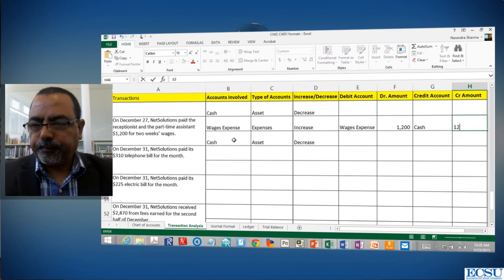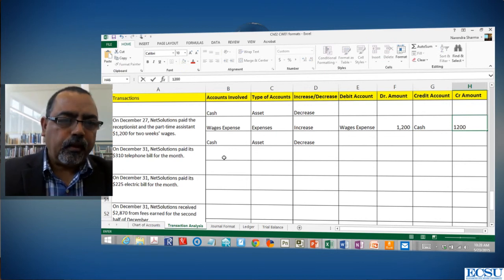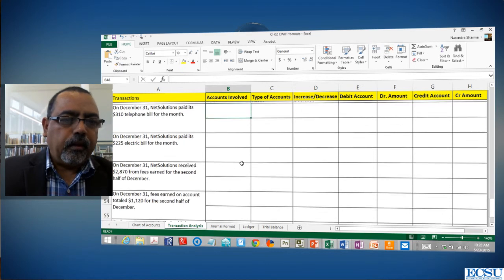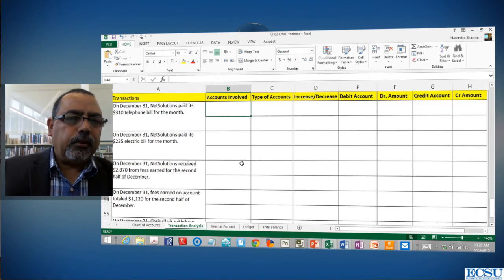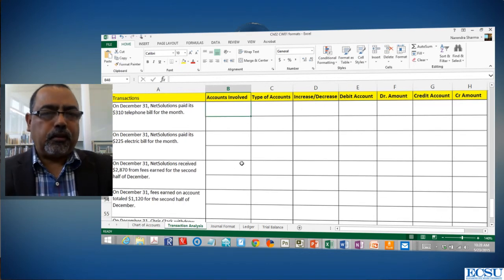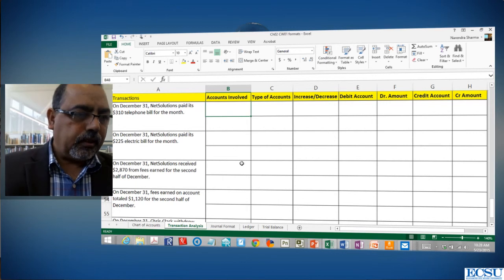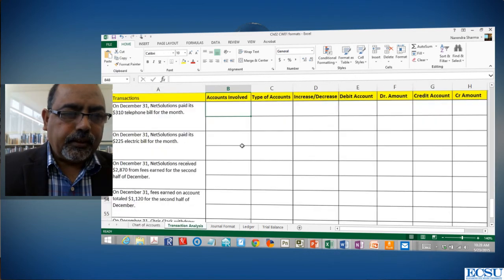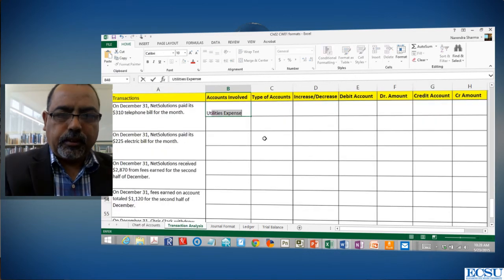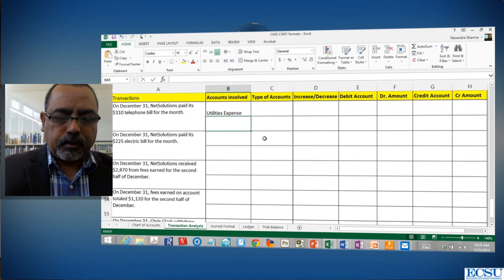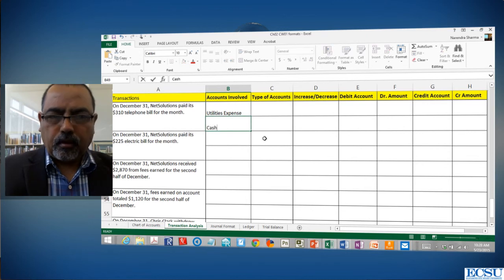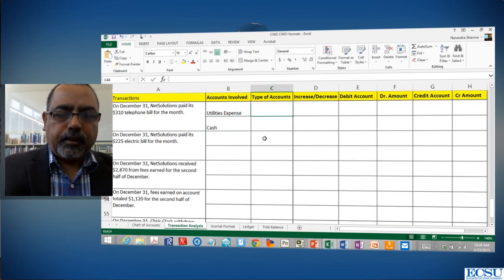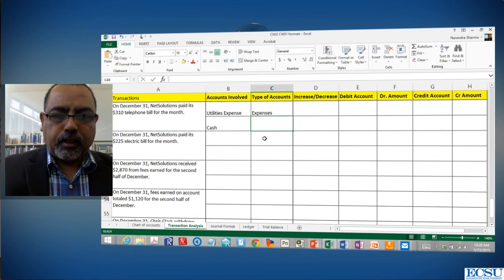1,200. Okay. Now the next one is Net Solutions paid its telephone bill for the month. So the telephone bill would be considered a utility expense. Let's see, yes, we have utilities expense. So utilities expense and cash. Utilities expense is an expense and cash is an asset.